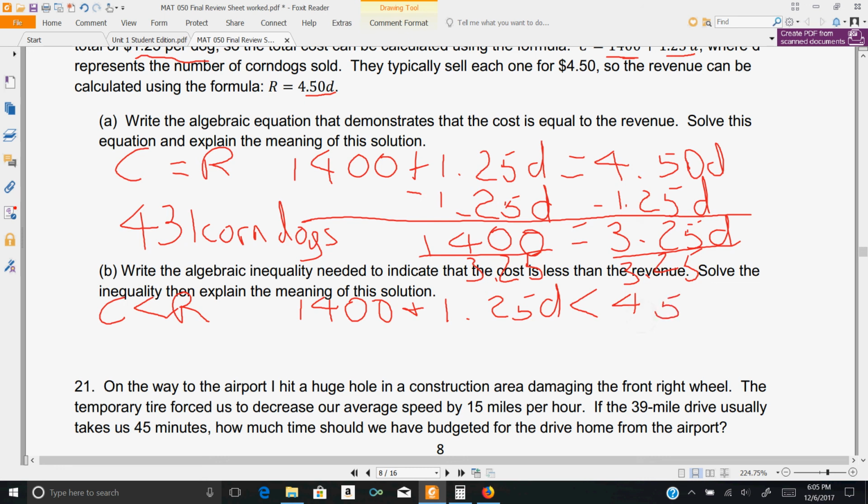4.50D. Okay. And same thing, I subtract 1.25D from both sides.